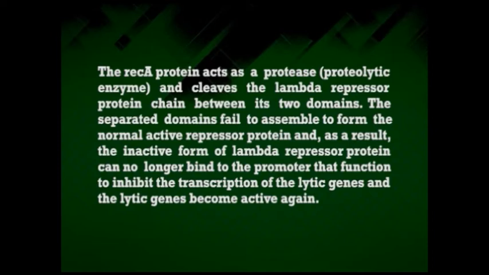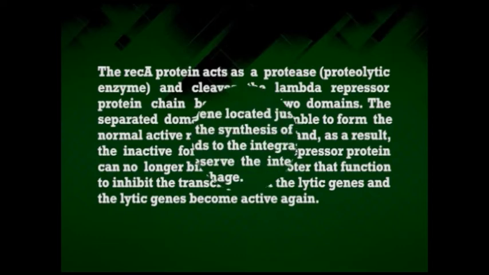So the separated domains fail to assemble to form the normal active repressor protein, and as a result, the inactive form of lambda repressor protein can no longer bind to the promoter to inhibit the transcription of the lytic genes, and the lytic genes become active again.